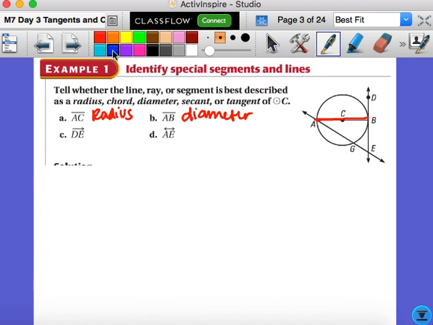D to E is a ray going from here to here. That would be considered a tangent because it only touches the circle at point B. And last but not least, AE, the line running here, touches the edge of the circle twice and keeps going. So that is a secant.